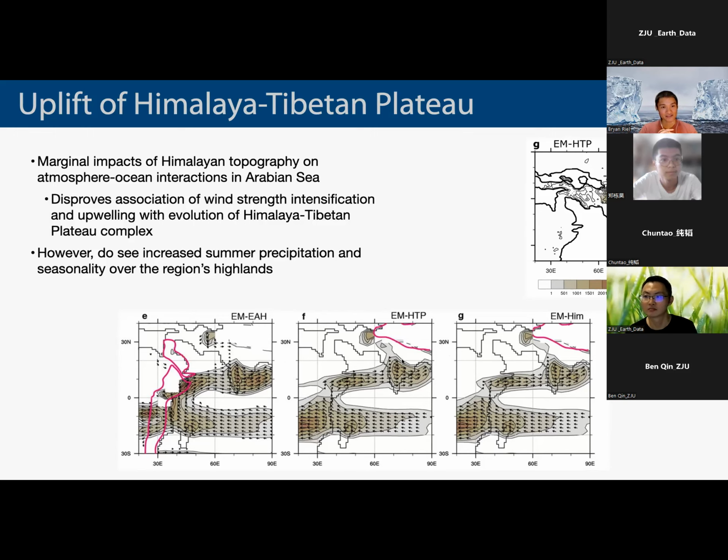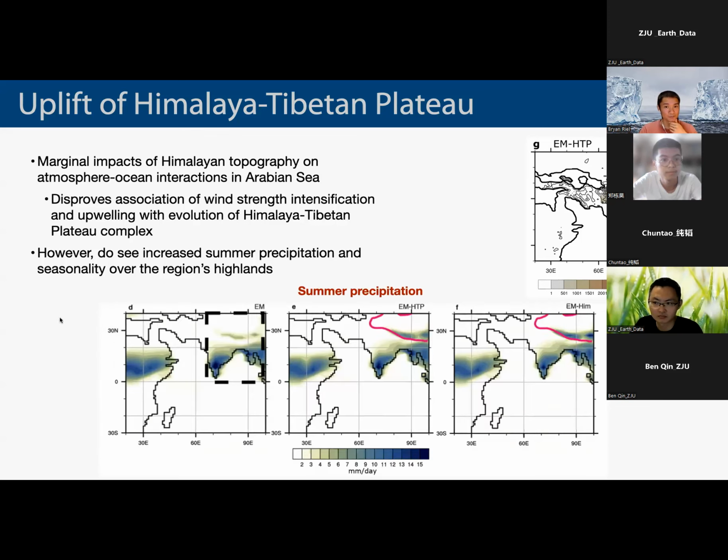But there is an effect on increased summer precipitation and seasonality over the region's highlands. You see higher seasonality and stronger rains during the summer as opposed to the winter. But the wind patterns don't change much with the formation of the Himalayan Tibetan Plateau.